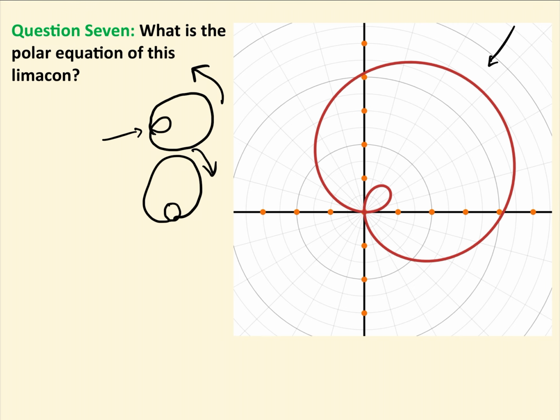So first of all, let's have a look at what this one and this one would be. Well, this one, we know that there would be symmetry about the x-axis, so that one would be r equals a plus b cos theta, and we just have to look at the maximum and minimum here.